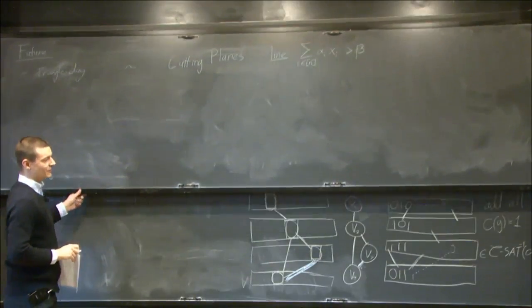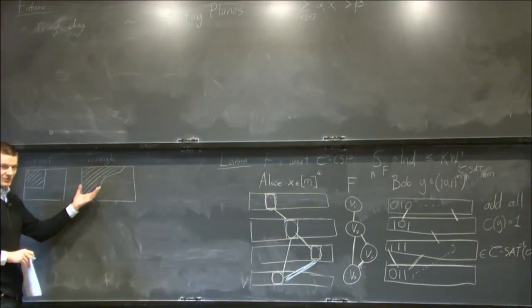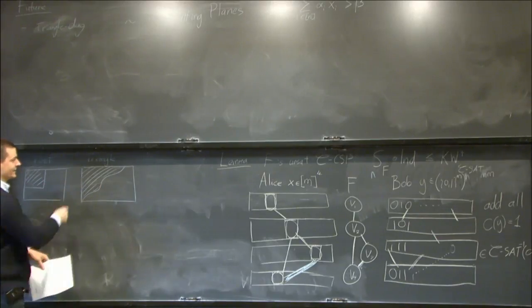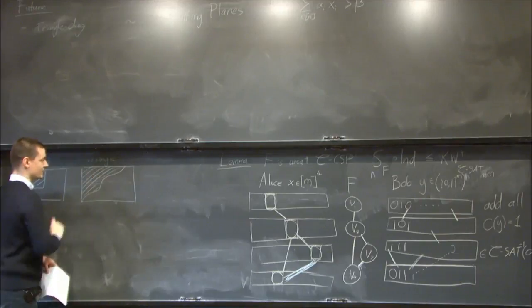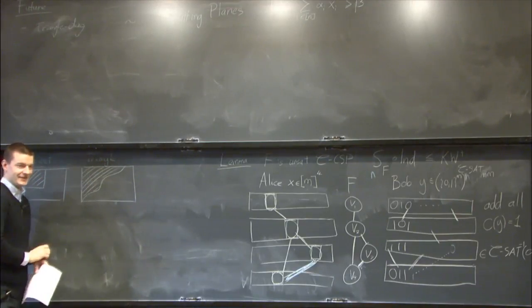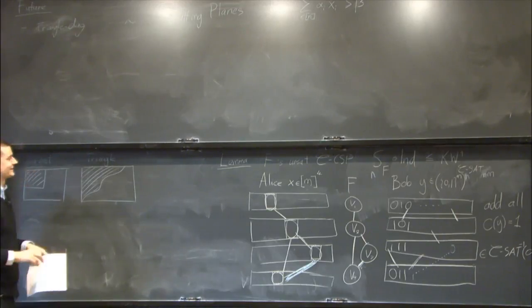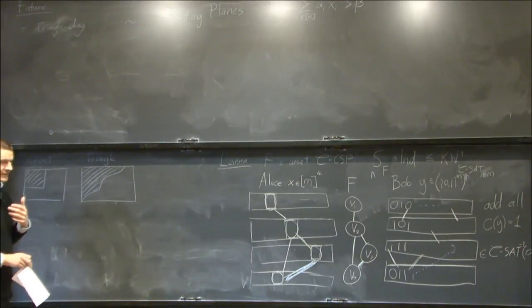A one-line reason why triangles are not that much more complicated than rectangles is, look at the picture: if you have a large triangle, you can find a large rectangle inside it, this upper rectangle. That's the first observation, but you work a little bit harder and you still can prove lower bounds.